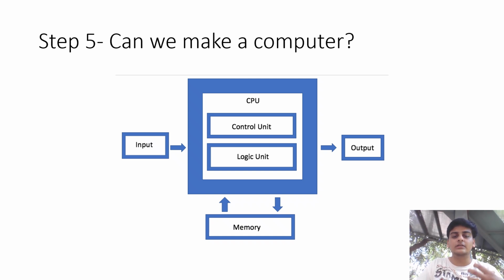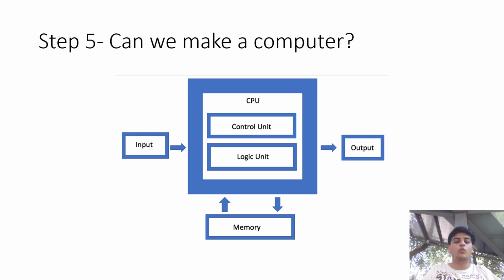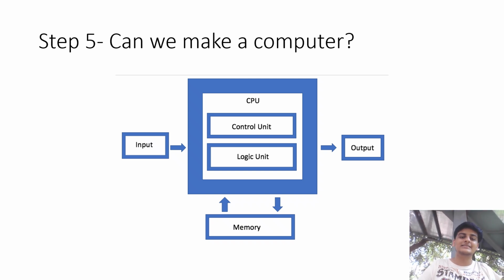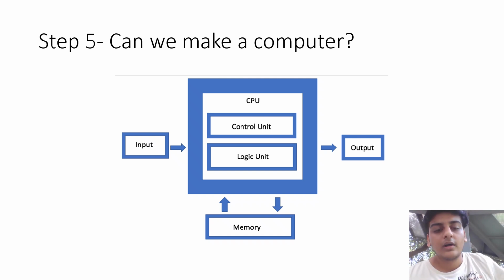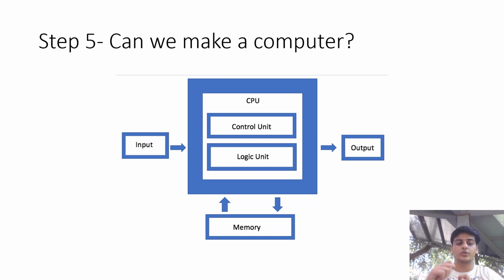Second, which is kind of the heart of the CPU, is your control unit. Based on the inputs it gets, the control unit chooses different circuits to do different types of computations. If your input tells your computer that I want to do a certain type of activity, the control unit uses switches to activate that circuit in the logic unit and deactivate the other circuits.